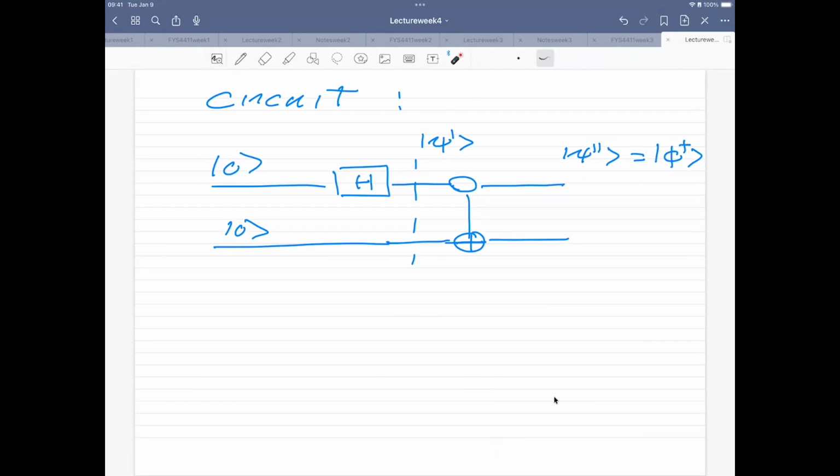Yep. So different combinations of Pauli X, Pauli Y, Hadamards, and control X gates will give you all the other Bell states.